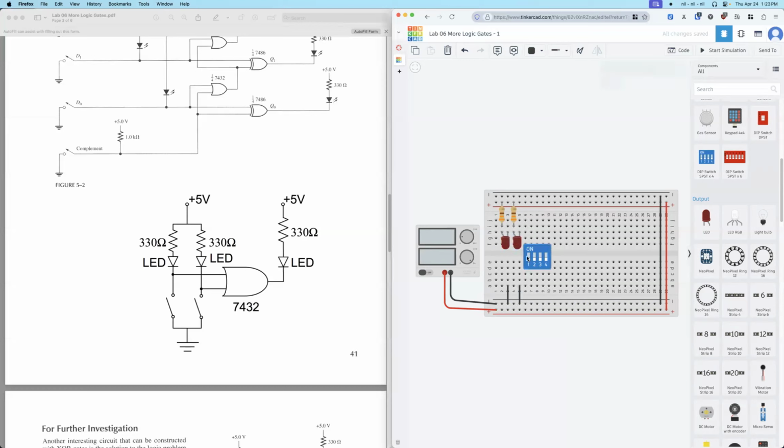Okay, let me move to this position. Rotate back, flip, then go up. Okay, so just make sure positive connects to the resistor, negative then connects to the switch. Go back here.